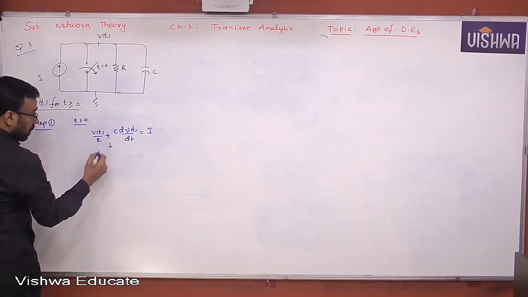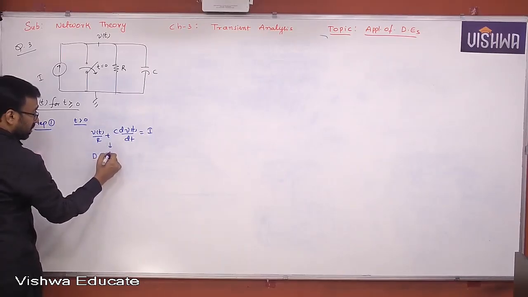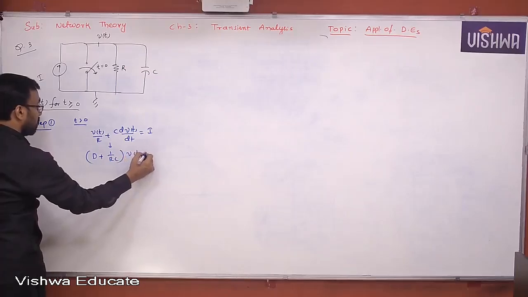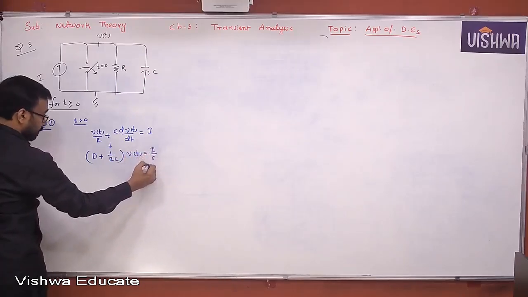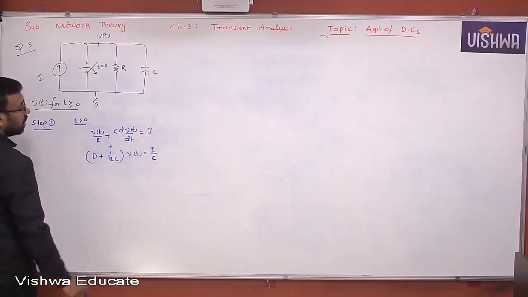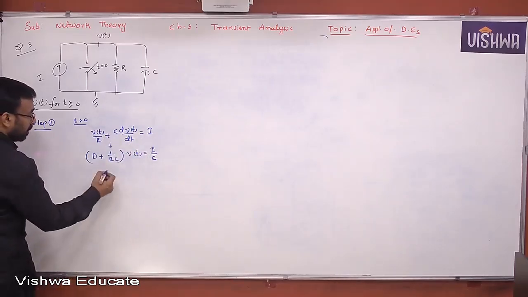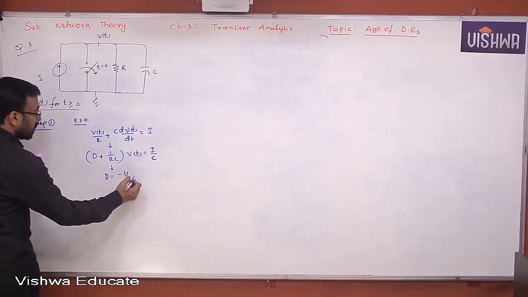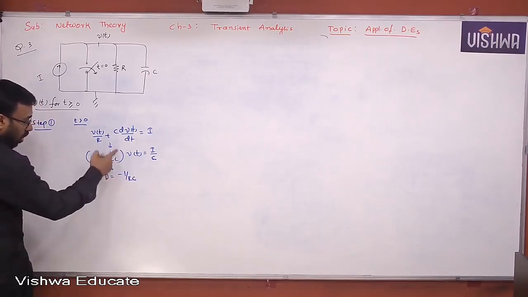From this, (d plus 1 by RC) of V of t is equal to I by C. Is it clear? You send this C outside. And from this, you understand that d is equal to minus 1 by RC. This is the root of the differential polynomial.